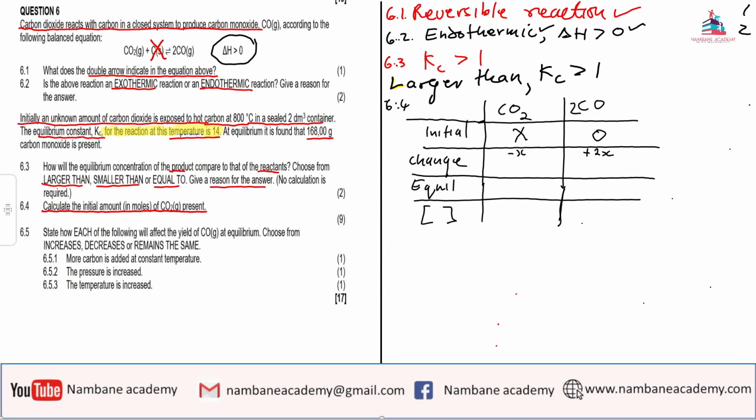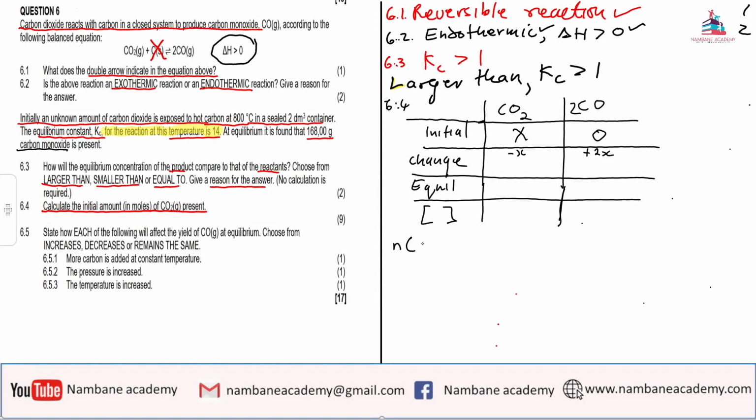But we are told now that at equilibrium it is found that 168.00 grams of carbon monoxide is present. So what can we do here?